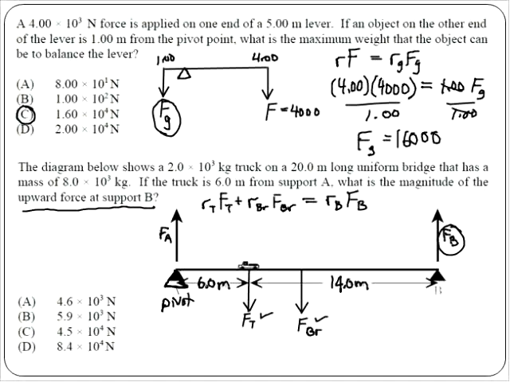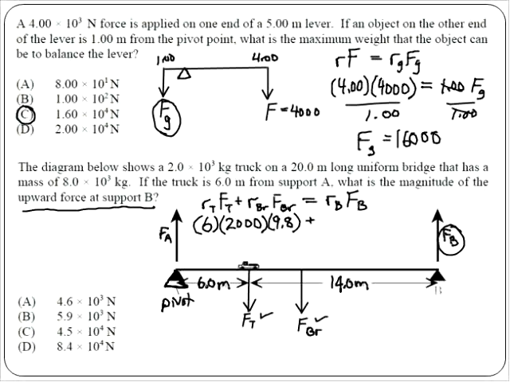And the only thing left to do now is put in your numbers. Well, the FT is pretty obvious because the distance is actually shown on the diagram. It's 6. The force of the truck is going to be the mass of the truck, which is 2,000 kilograms, times 9.8. Okay, when the mass is given in kilograms like that, don't forget to multiply it by 9.8 to turn it into a force. You have to turn it into a force.